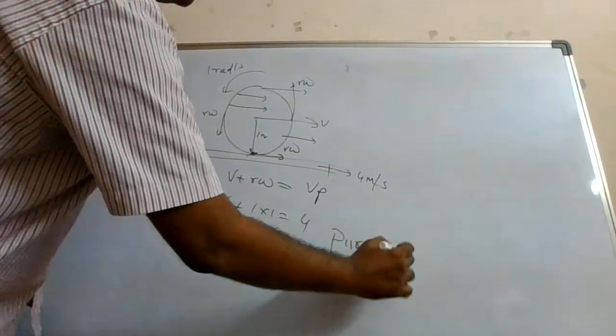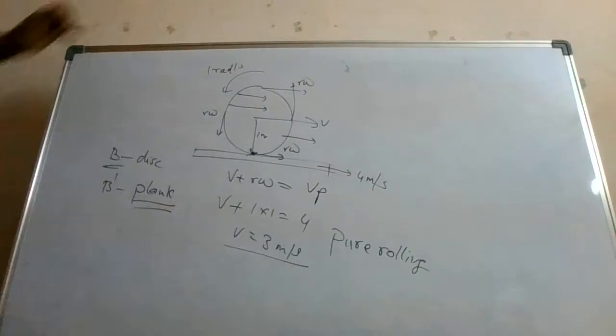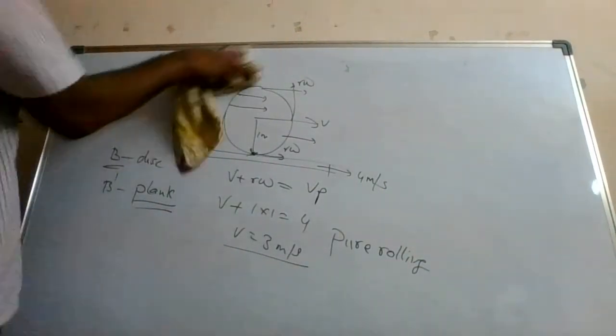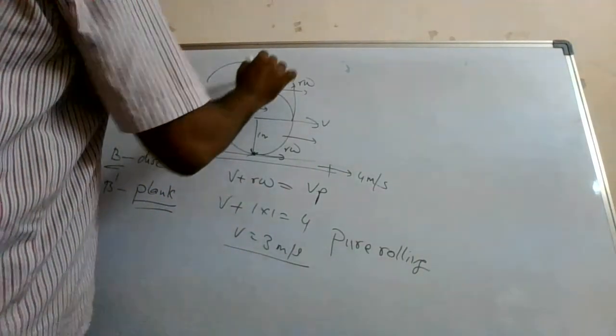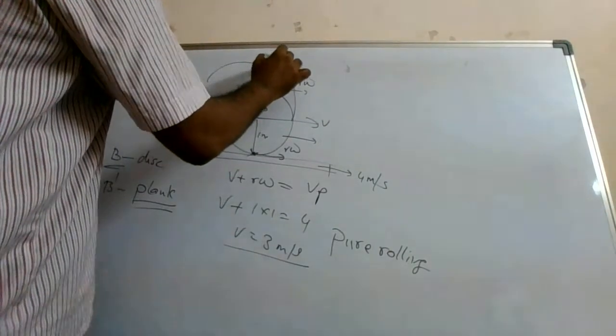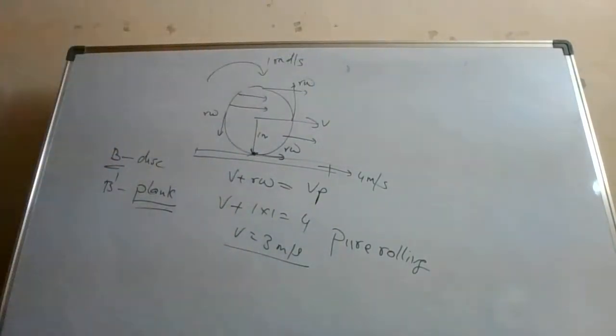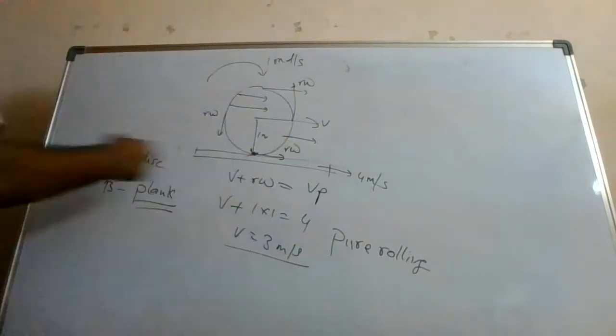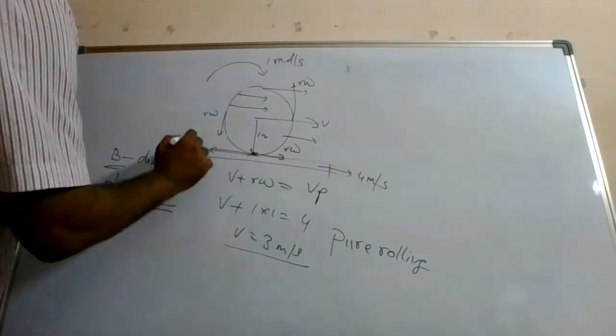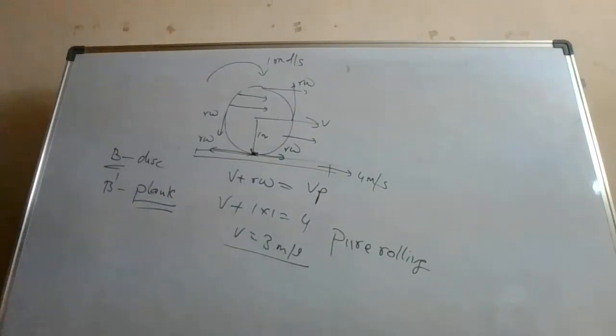Now let us say the angular speed was like this, 1 radian per second, in the opposite sense. What will happen? Now r omega will be acting in this direction in the new case.